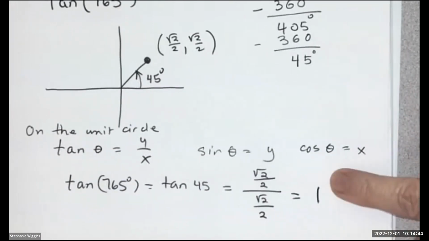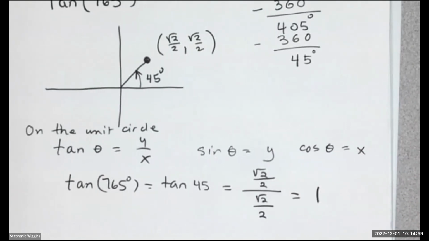Now I know you can calculate this on the calculator and you can use whatever method you want. If it says use reference angle, you don't have to in every circumstance. Now, sometimes you will if it's a radical or a fraction or something like that.